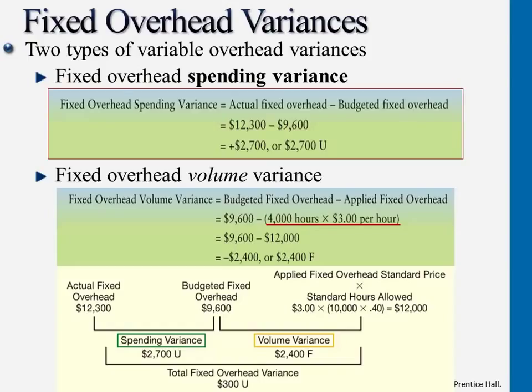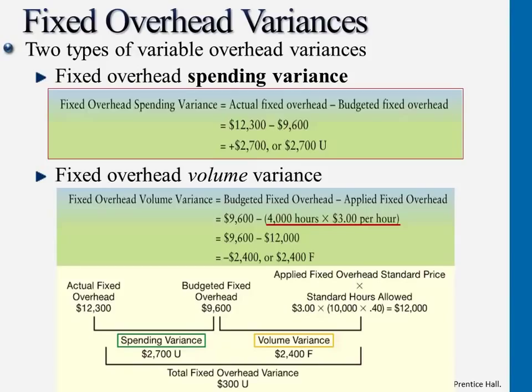Supposedly, the cost could have been bumped into $12,000 of cost. But because we consider this as fixed cost, theoretically it should be 9,600 all throughout. Okay, the actual one, we spent 12,300. This is the spending variance. We call the difference between the actual and the flexible budget the spending variance.